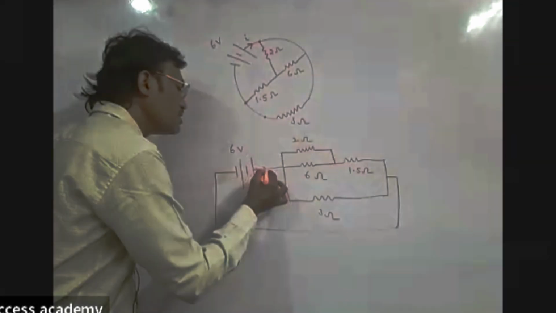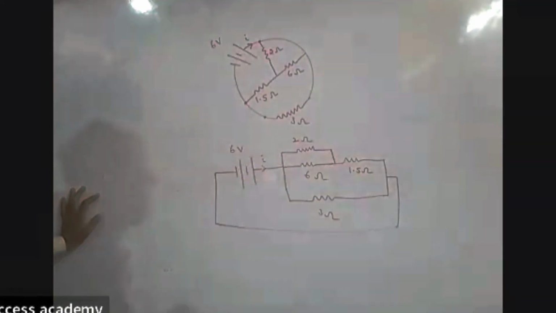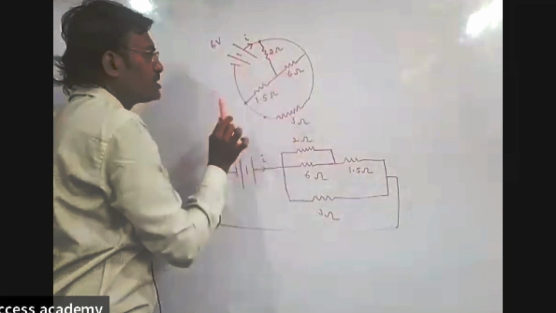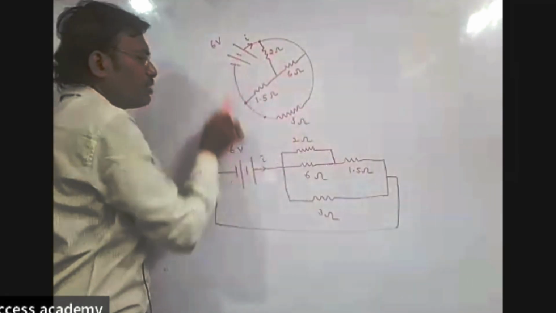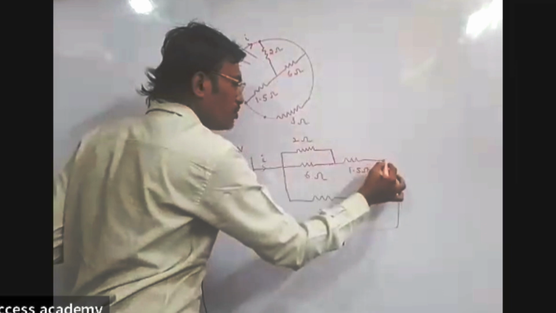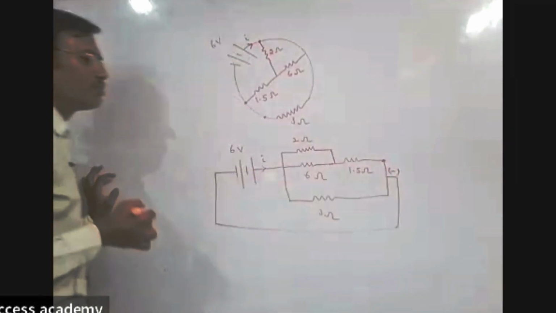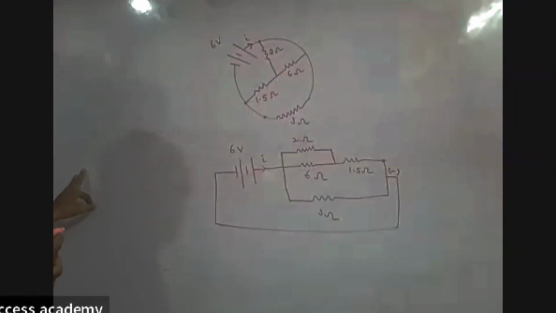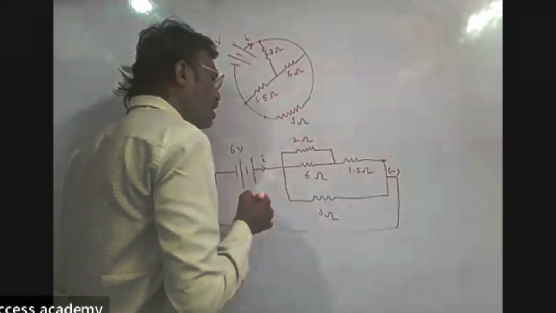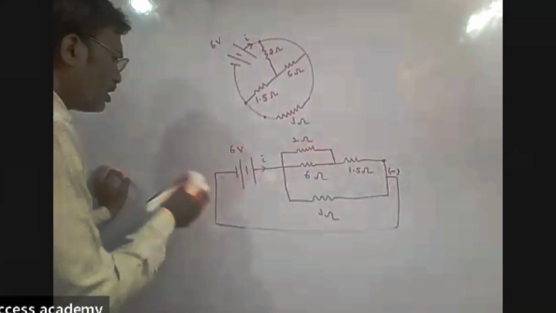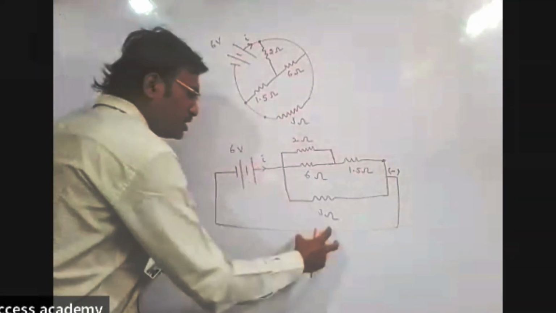From here current I is coming. At first I considered 1.5 and 6. The 1.5 ohm is connected to the negative terminal. Otherwise, without confusion, place the battery here itself.